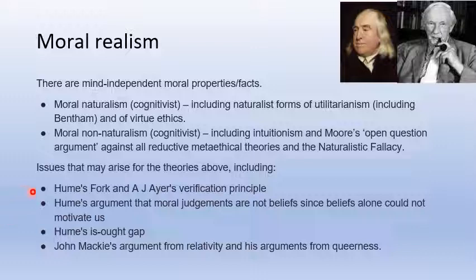More issues. Hume's fork and A.J. Ayer's verification principle. You know that those are basically the same thing because Ayer was extremely influenced by Hume. This is an empiricist style way of approaching knowledge and meaning, which would say that basically meaningful language comes down to two possible categories. Meaningful language is either A, logical tautology, so necessary truths, you might say analytic truths, a priori truths, that's option one, or option two, it's empirically verifiable.